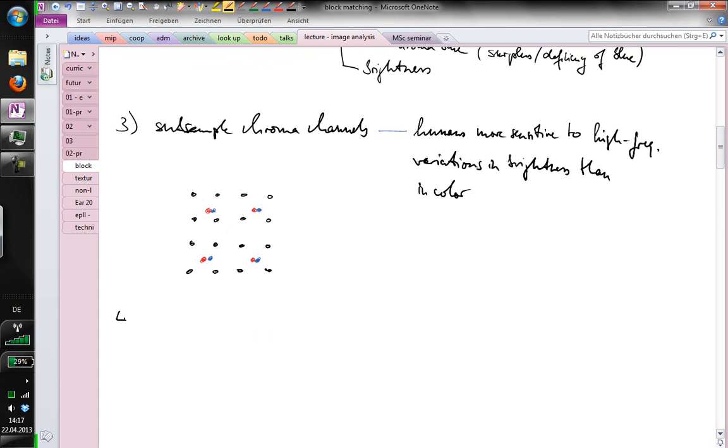All right, then for the match, we need to define a similarity measure, of course.